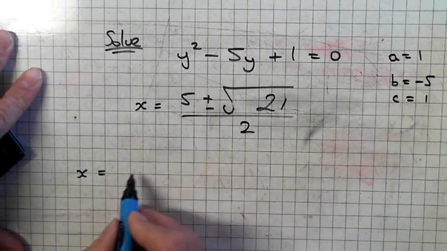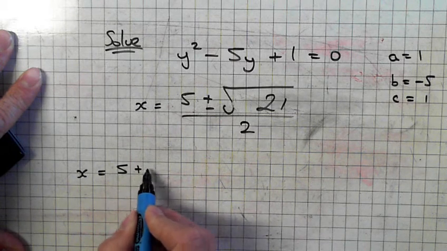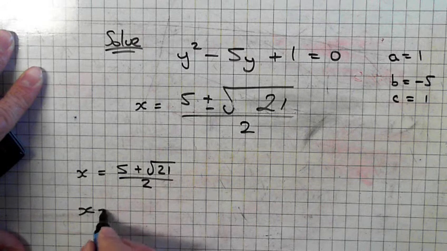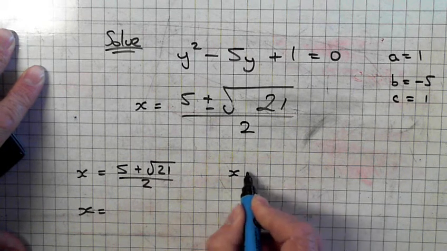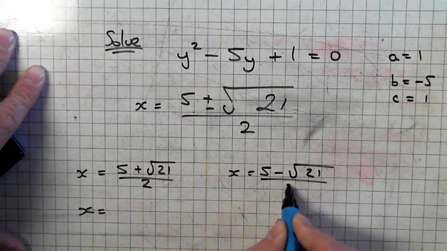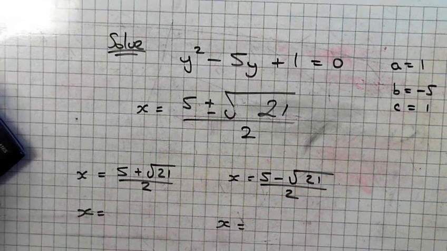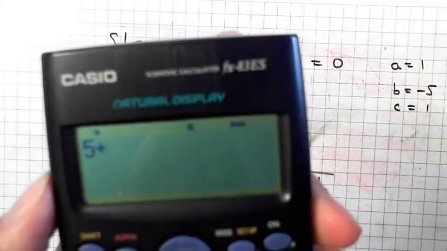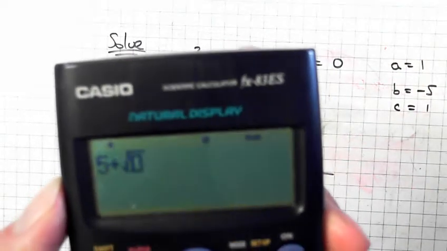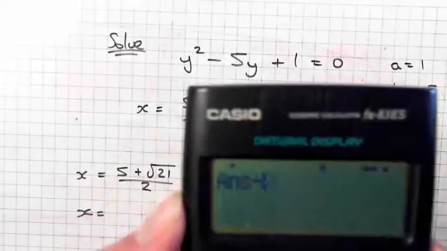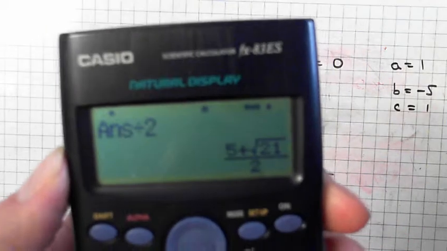Right, so in the calculator we'll type in 5 plus square root of 21 over 2 and we'll get an answer, and then we'll go in the calculator 5 minus square root of 21 over 2 and we'll get an answer. So 5 plus the square root of 21 equals, divided by 2. Did you put it rounded off?